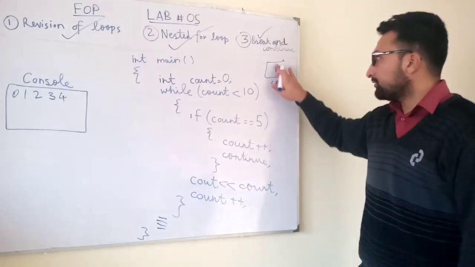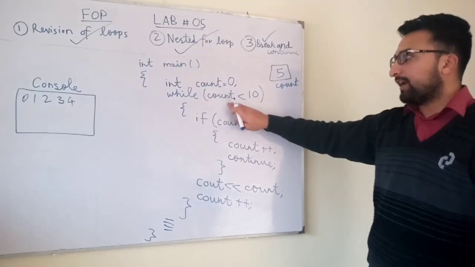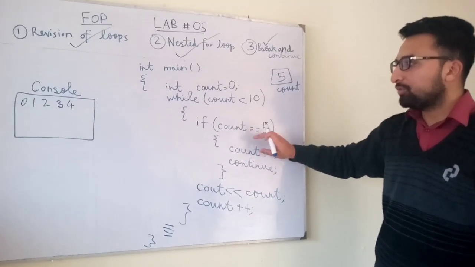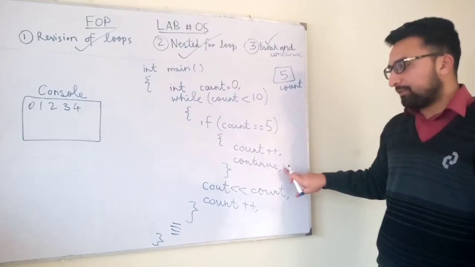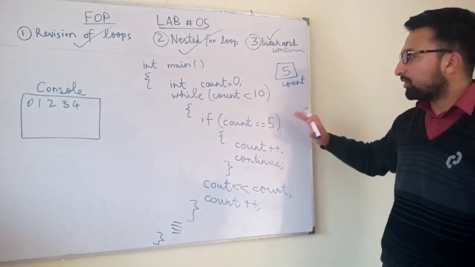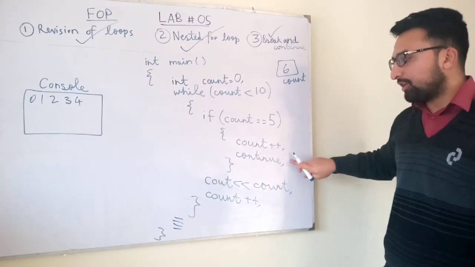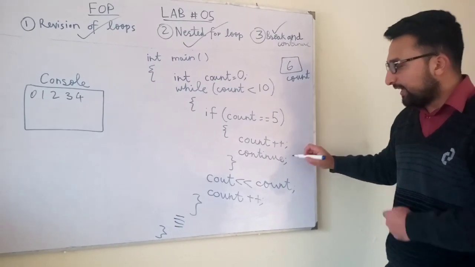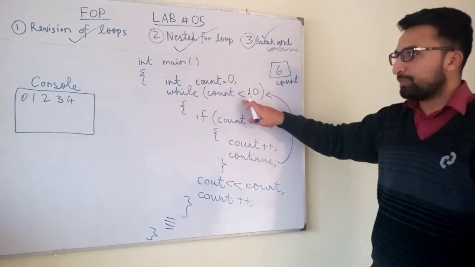Now count plus plus, when count plus plus happens, we will have 5 in the count. 5 is less than 10 is a true statement, but count is also equal to 5, so it will come inside the brackets of if. Now there is a continue statement here after the increment. So count is incremented to 6 at the back end, and there is a continue statement. What the continue statement does is it takes the compiler back to the evaluation of the expression.